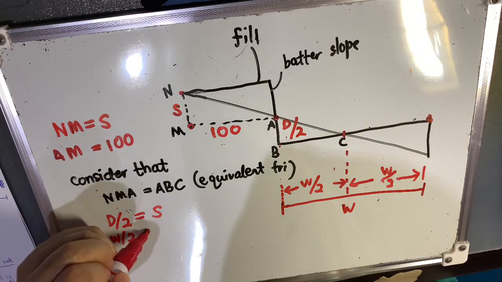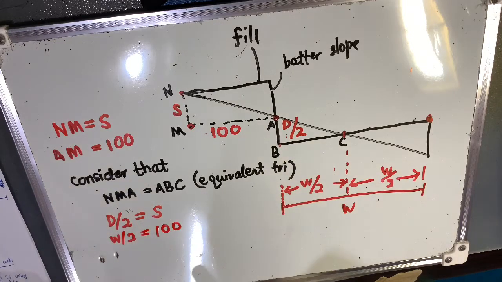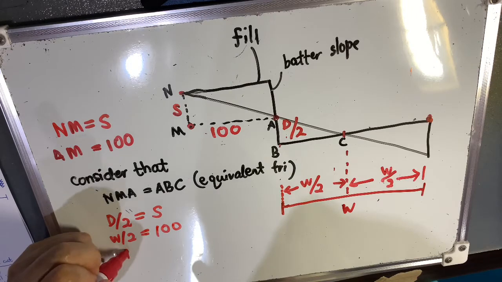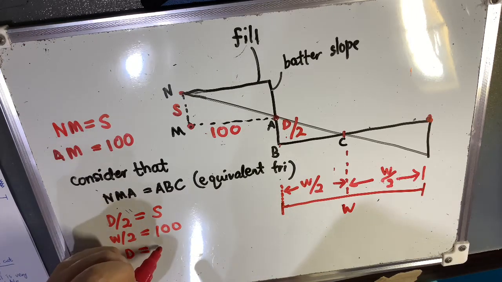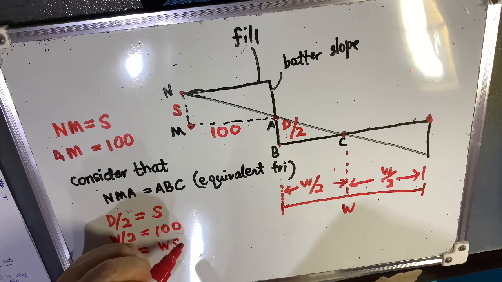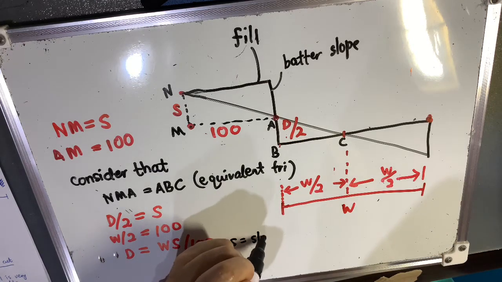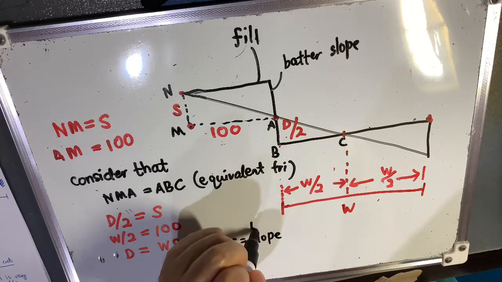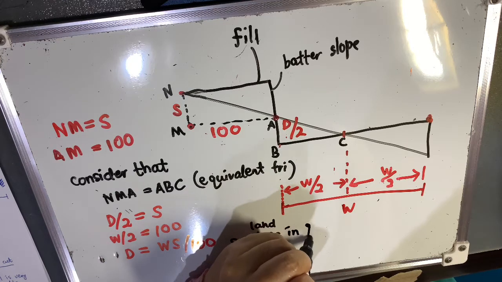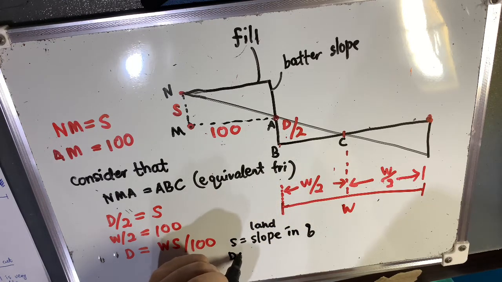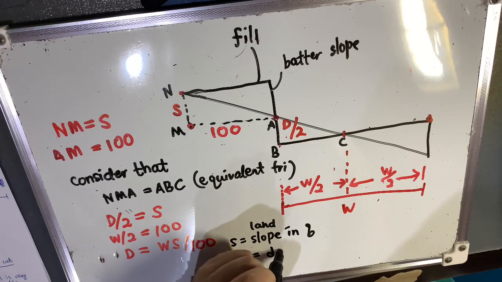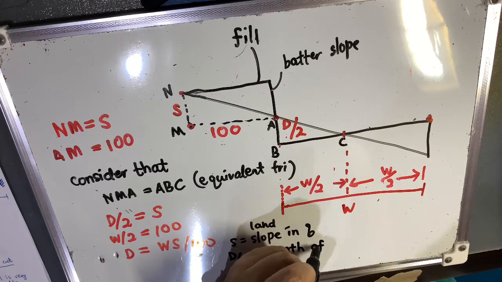So by having this, you have D equals W S over 100. Again, S is the land slope in percent. D over 2 is the depth of cut.